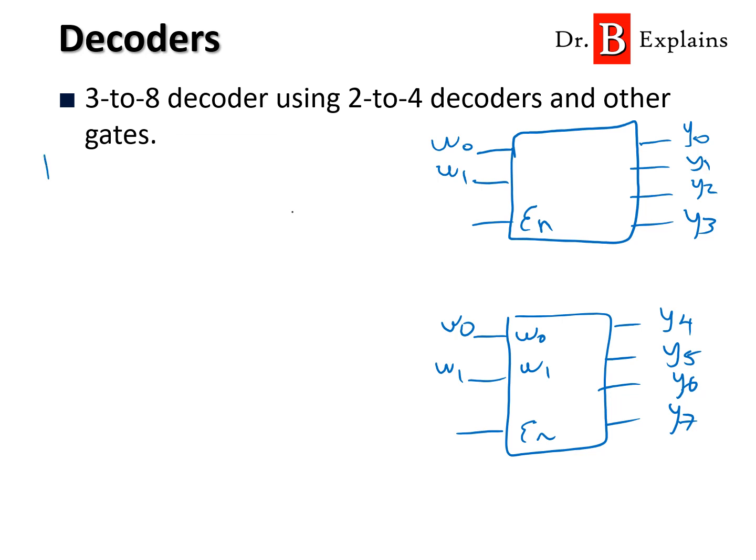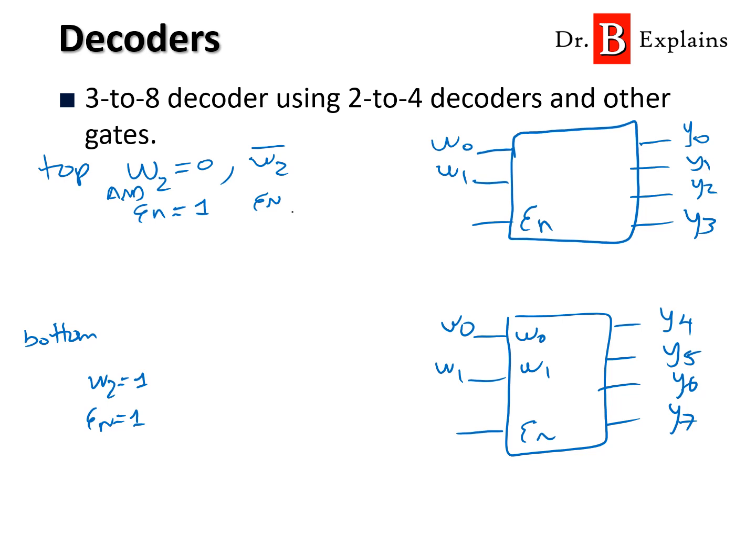So remember the top one is on when W2 is equal to 0 and enable is equal to 1. So that's an AND, right? That means NOT W2 and regular enable, right? What about the bottom one? The bottom one is on when W2 is equal to 1 and enable is equal to 1 also. So in that case, we can have it like this.